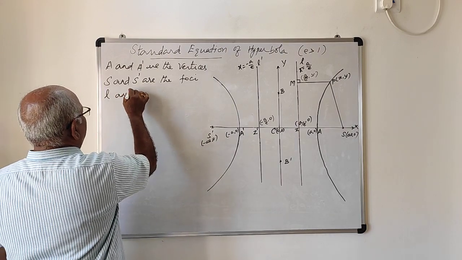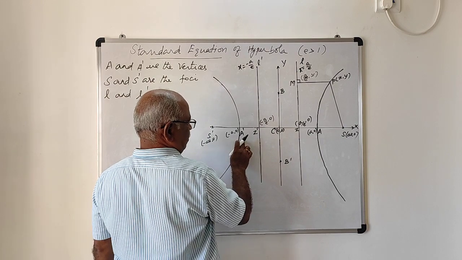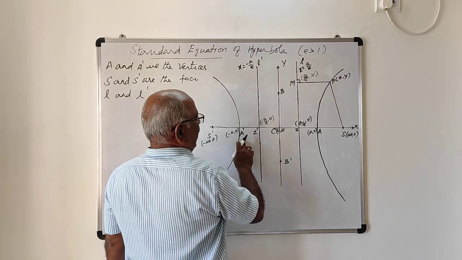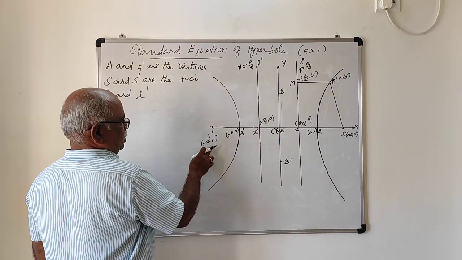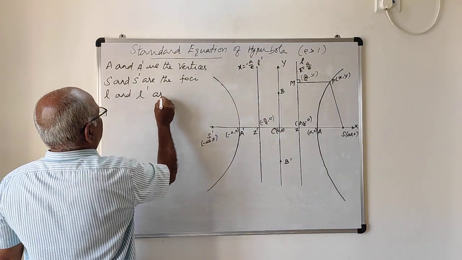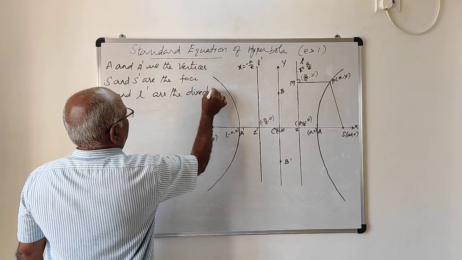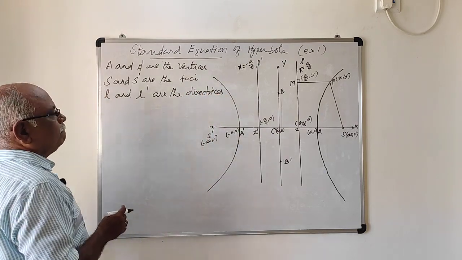L and L dash are the directrices of the hyperbola.